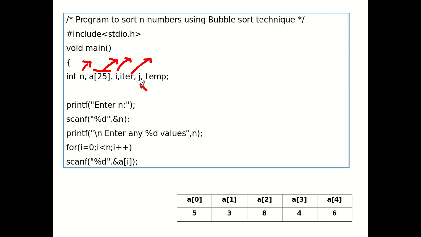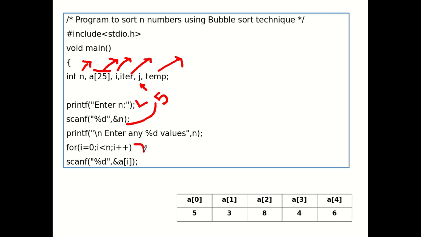This is also an index variable, and the temp variable is used to swap the numbers. Initially we ask the user to enter the value of n. Whenever the user enters the value of n as 5, it means 5 numbers can be stored in memory and 5 numbers are used for sorting.